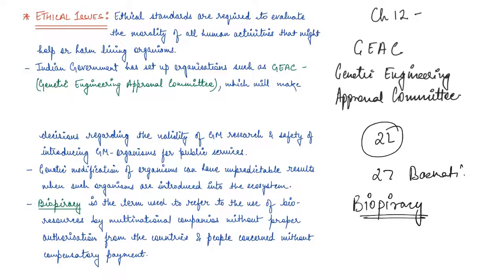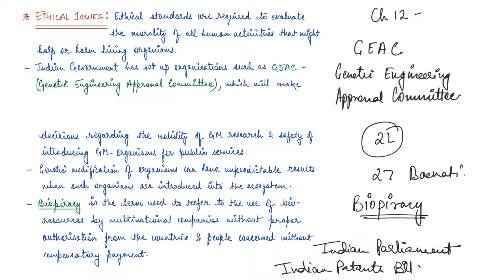So what these developing nations have done is that they are now getting laws developed to prevent such unauthorized exploitation of their bioresources and traditional knowledge, right? So even in the Indian Parliament, they have recently cleared the second amendment of the Indian Patents Bill.